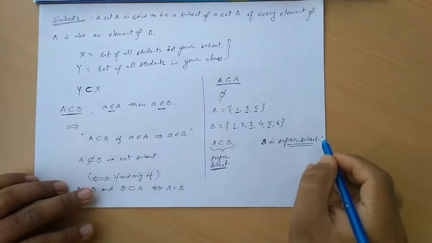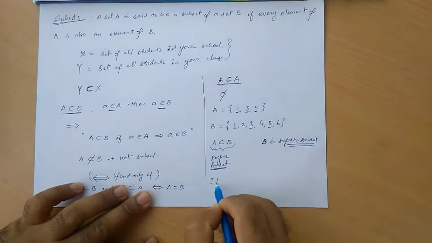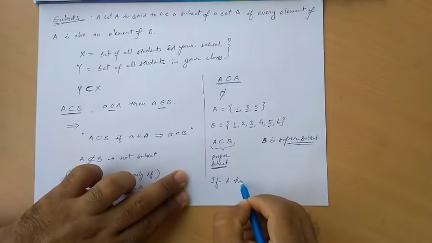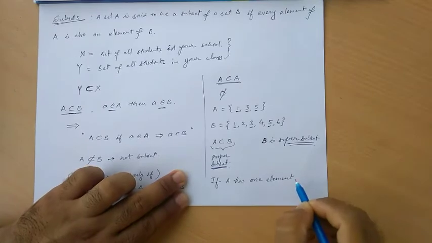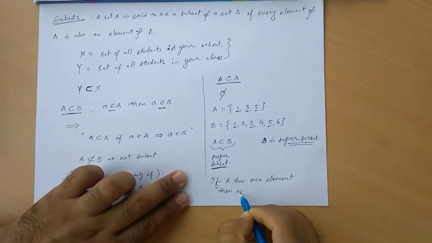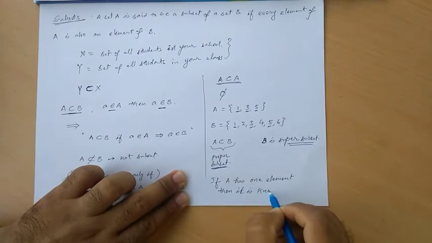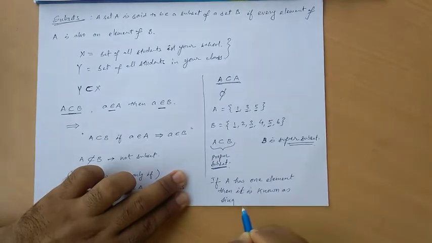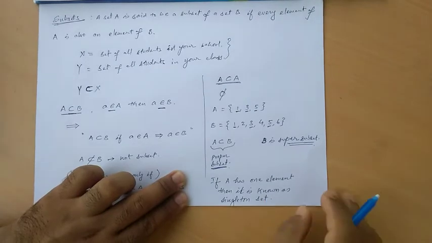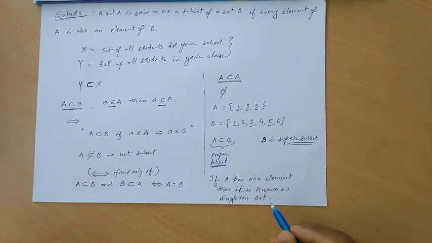If A has only one element, then it is also known as a singleton set. Why? Because there is only a single element, that's why it is known as a singleton set.